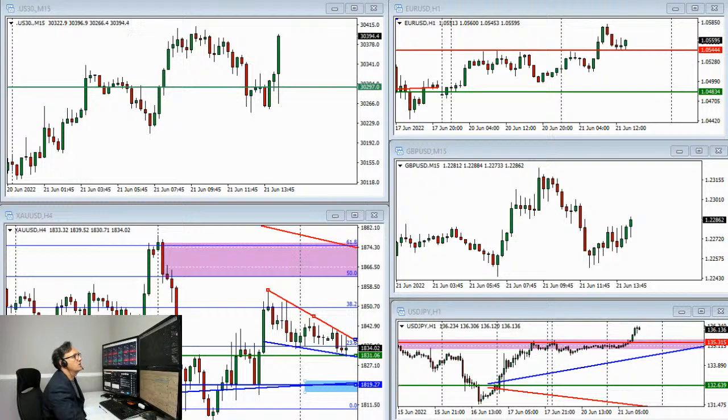US stocks get off to a good start to the trading week. Yeah, markets were closed yesterday. This is the first trading day. Crypto fears now materializing. Central banks.